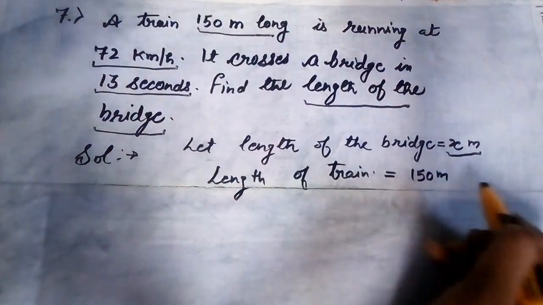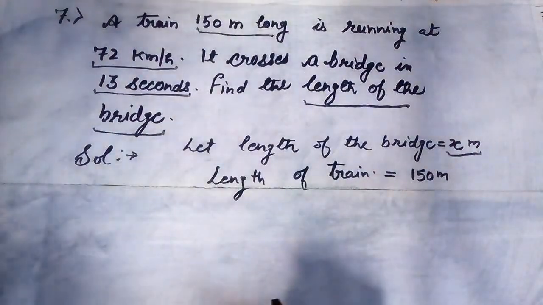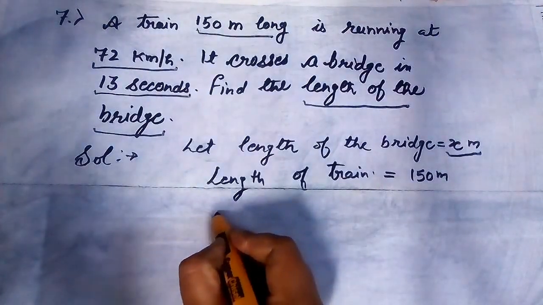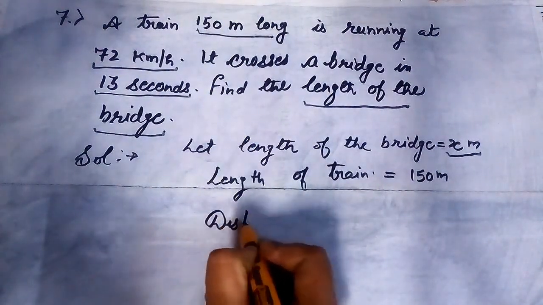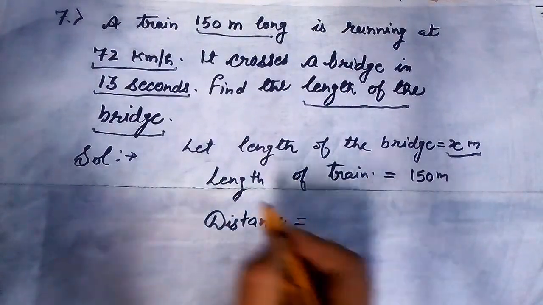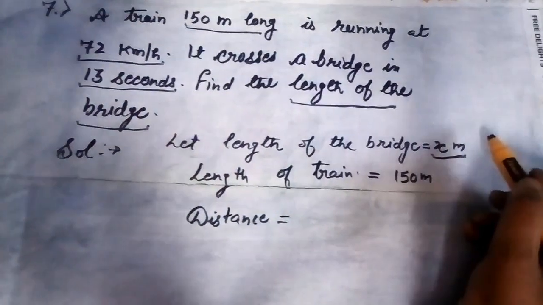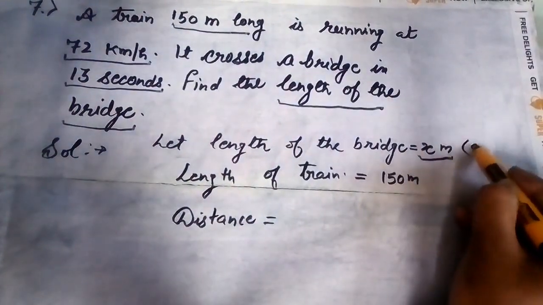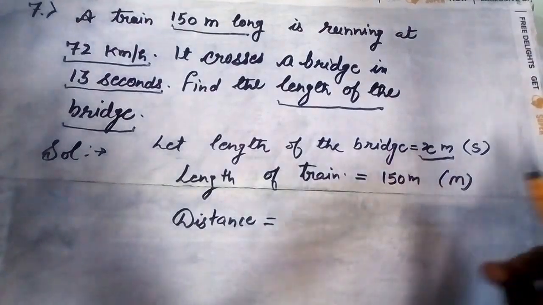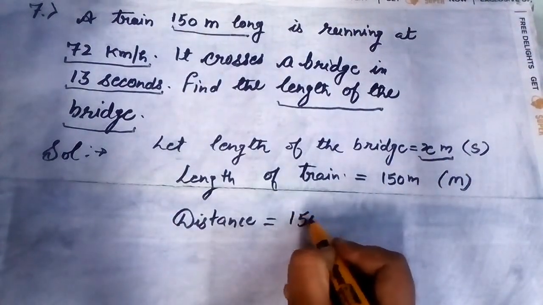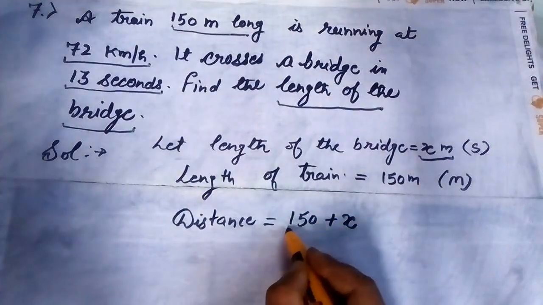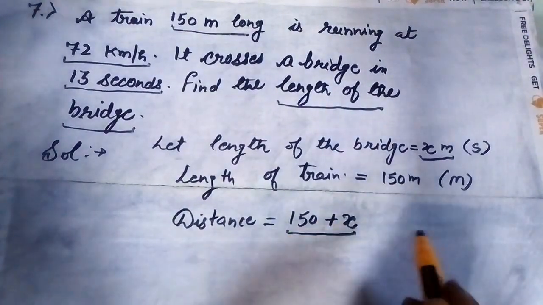I told you it is length of stationary object plus length of moving object. So distance covered by the train equals, remember, bridge is stationary object and train is moving object. So it will be equal to moving object plus stationary object, that is 150 plus x.